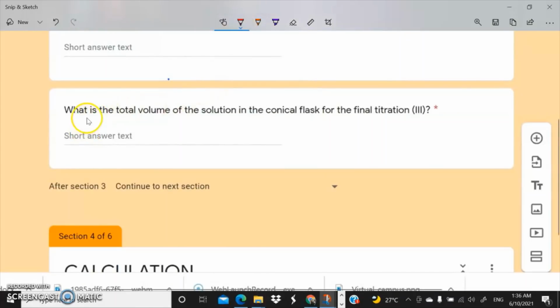Let us see this question. What is the total? The keyword here is total. Total volume of the solution inside the conical flask. So what is inside the conical flask? Our analyte, HCl, for the final titration. So here is another keyword. I want to know the total volume of HCl in which titration?